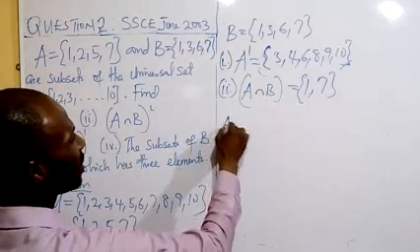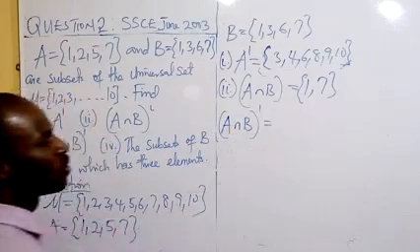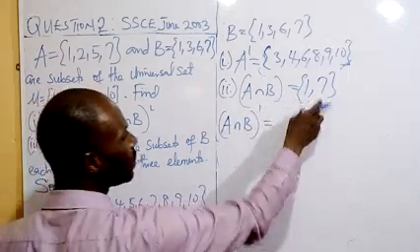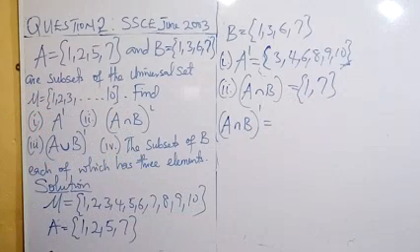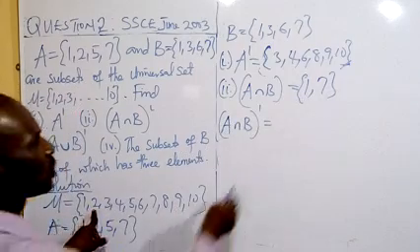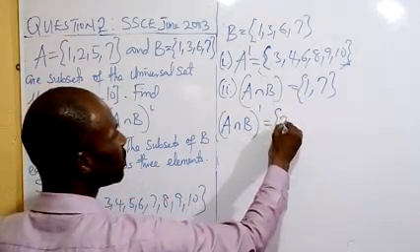But they ask us to look for A intersection B prime. Therefore, A intersection B prime will be those elements in the universal set that we don't have in A intersection B. In the universal set, we have 1 and we also have 1 here. We have 2, but we don't have 2 here.